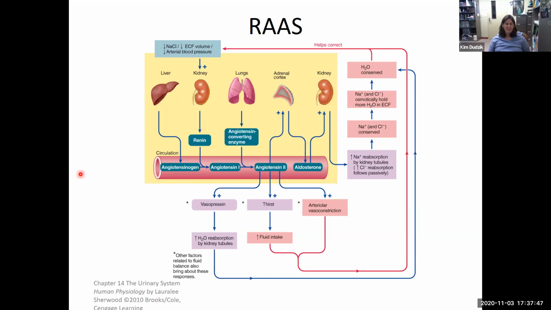That causes the DCT to insert more sodium potassium pumps. So more sodium gets pumped out of the lumen of the nephron into the interstitial fluid, and then into the capillary, and we reabsorb sodium.